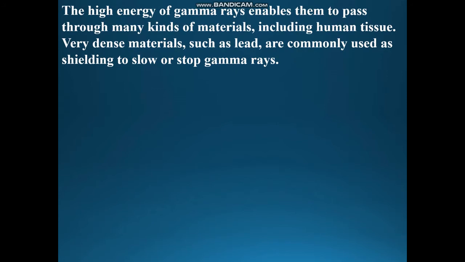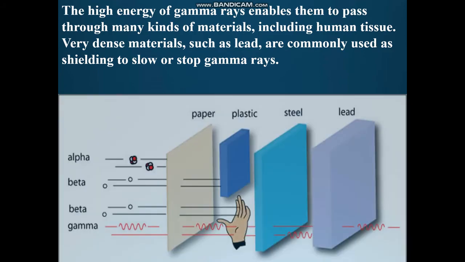The high energy of gamma rays enables them to pass through many kinds of materials, including human tissue. Very dense materials, such as lead, are commonly used as shielding to slow or stop gamma rays.